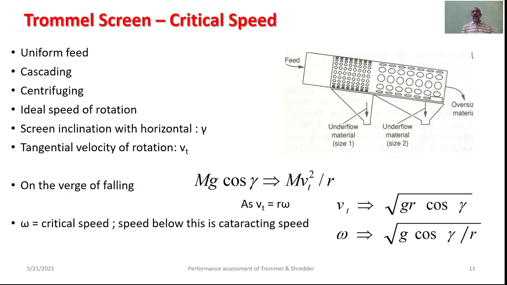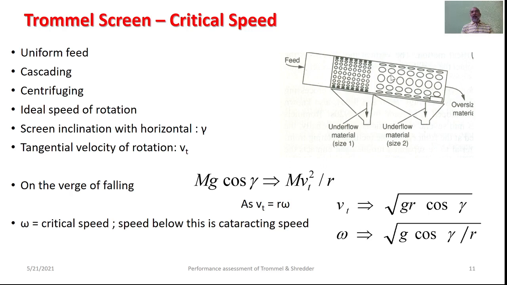Also, if the speed is too large, because of the centrifugal force, the material will simply adhere along the circumference of the screen, and hence centrifuging will occur. Hence, this screen needs to be rotated at some ideal speed.